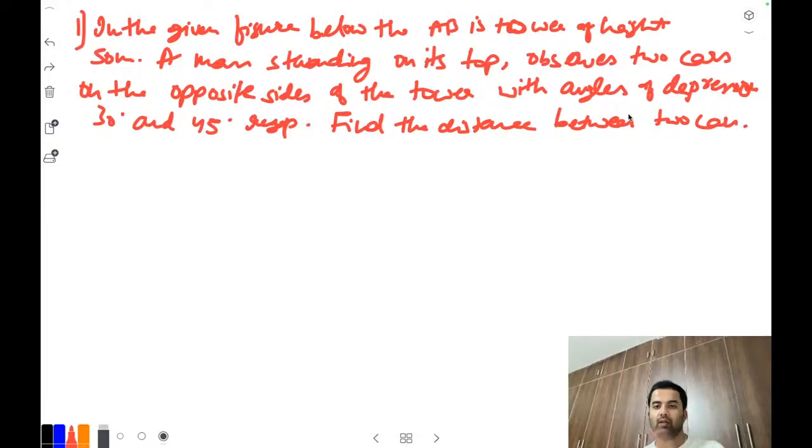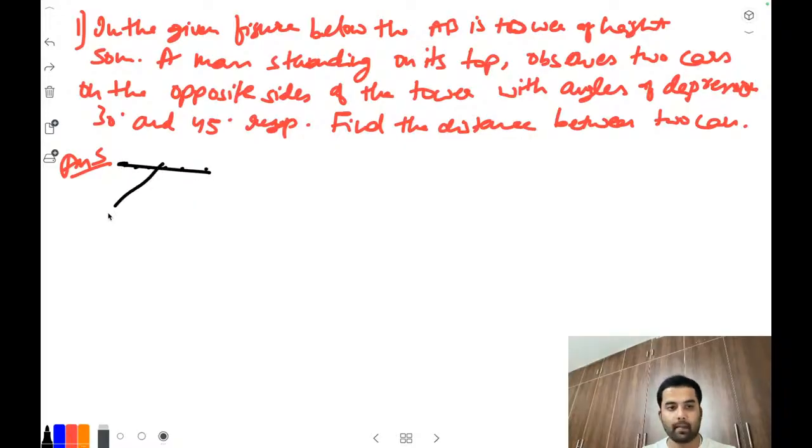Now we are switched to section C. So a little bit the content part you have to write more. Okay, let me draw the diagram first. It is a straight line only. Let me take a straight line.